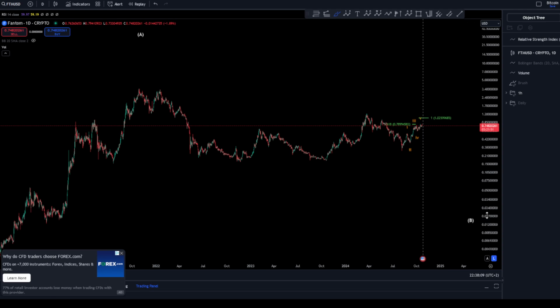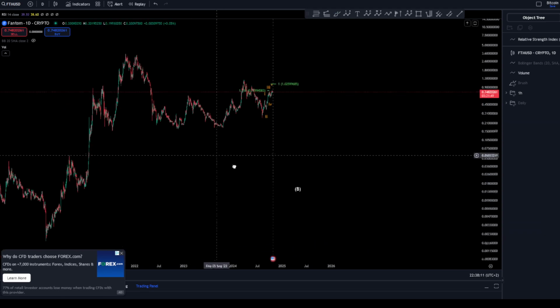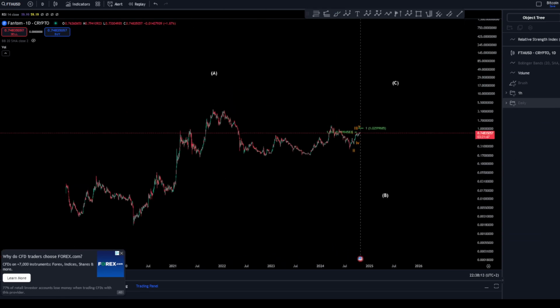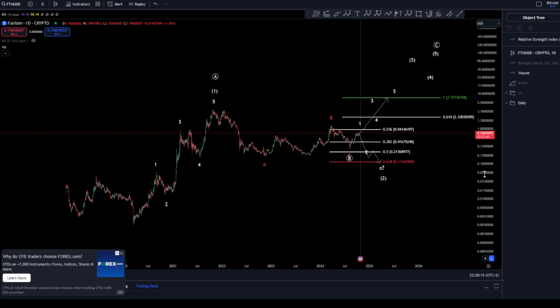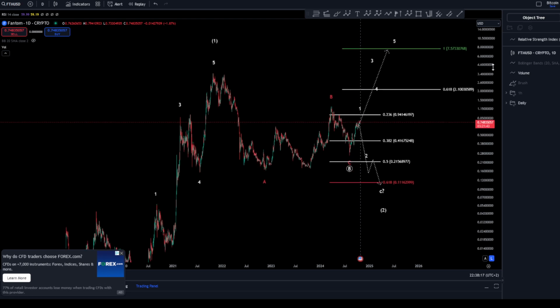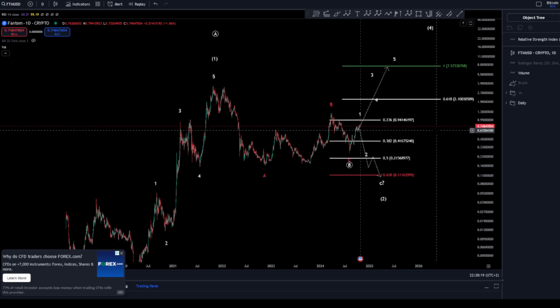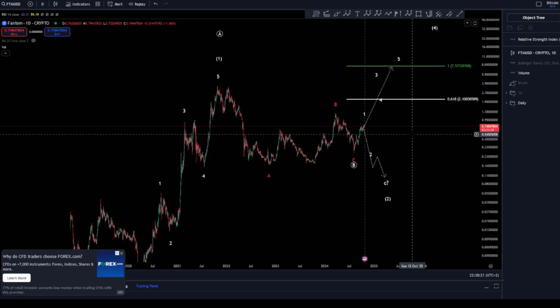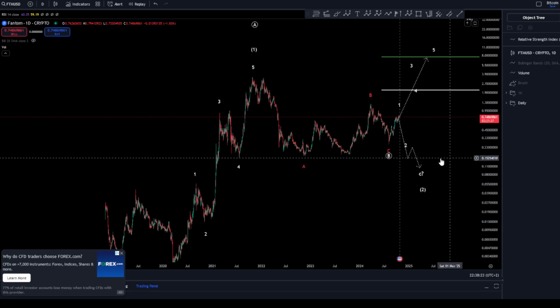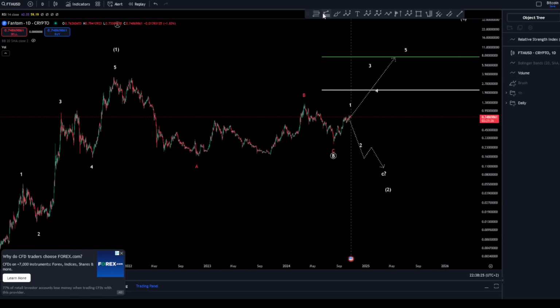Your fib levels, of course, for a wave C. Let's take a look here on the daily. All right, so exactly. So if we are looking for a diagonal in this scenario, or an impulse, it depends.